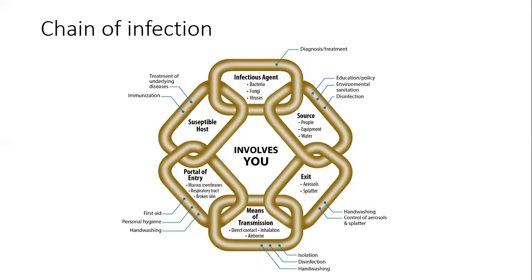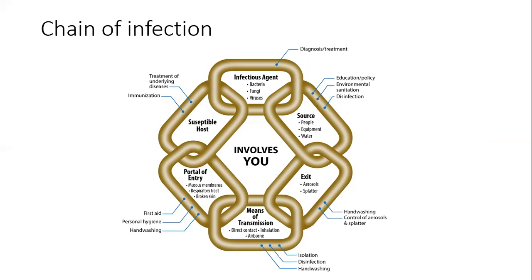In order for an infection to occur, all these links have to be connected. So there needs to be an infectious agent, a source, a way that the infection gets out of the source, which is the portal of exit, a means of transmission. There needs to be a portal of entry to the host, and then there needs to be a susceptible host.